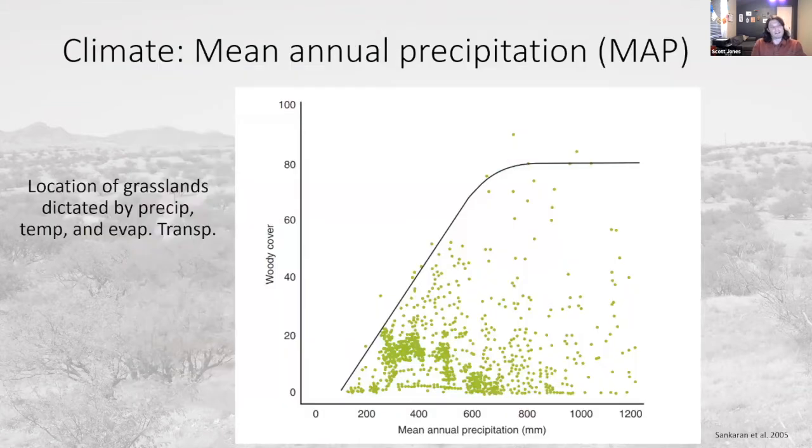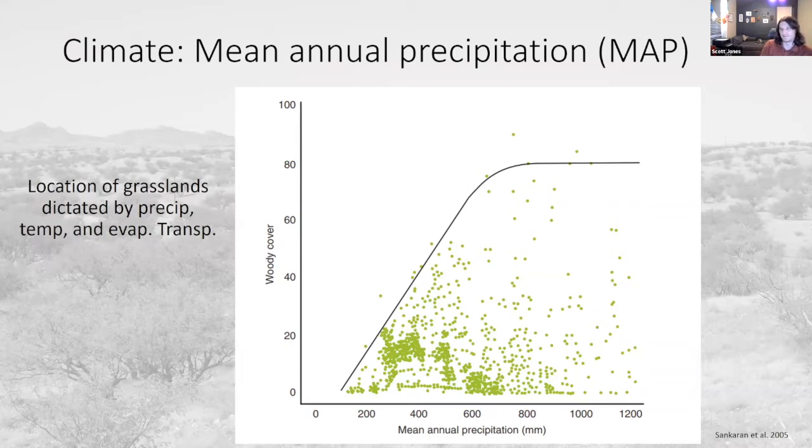So climate: where shrubs are located and where grasslands are located is really dictated by the precipitation of the region and the temperature of the region, which also impacts the potential evapotranspiration coming off of the vegetation. This figure that I've added right here is from an African study, but it actually holds up extremely well for other grasslands globally.